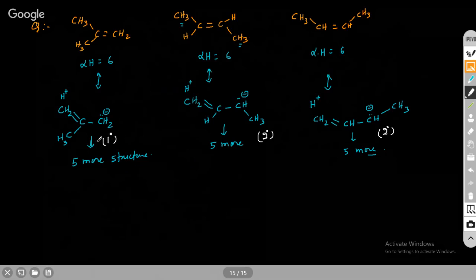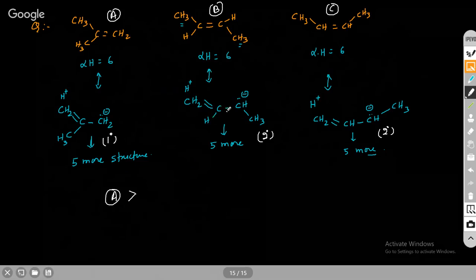So the 5 more structures that you draw here, all the structures will give you only the 1 degree anion. And that is why, suppose this is A, this is B, and this is C. One thing we are sure of is that A will be the most stable alkene, since in all the hyperconjugative structures we are getting only the 1 degree anion.